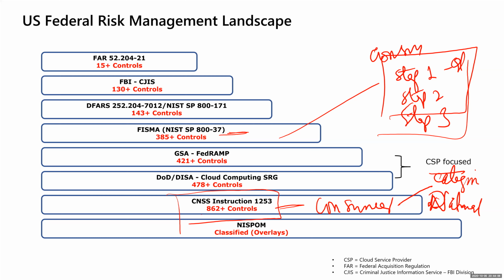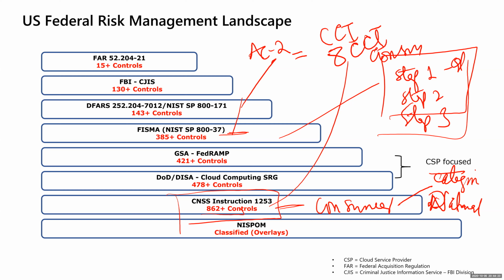And it has 862 controls only because it tends to focus so much more on what we call CCIs. You can find one single NIST control, like let's say AC2, is equivalent to maybe 8 CCIs, because CCIs focus on action items and this focuses on just the high level controls.